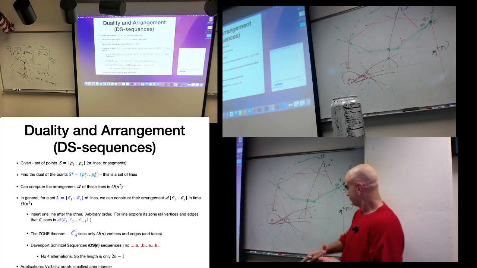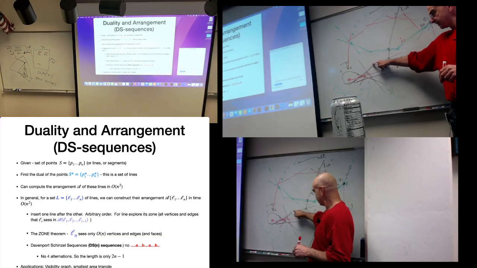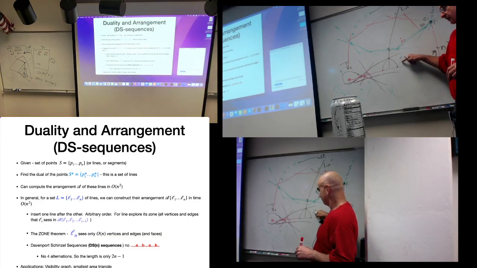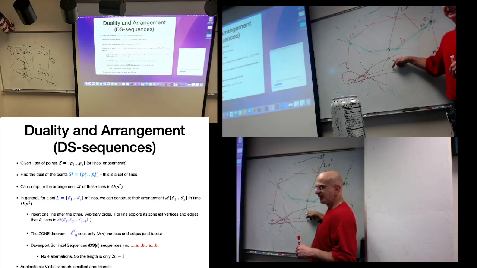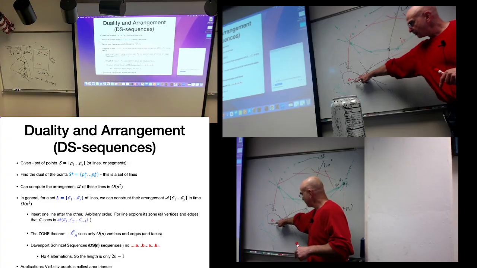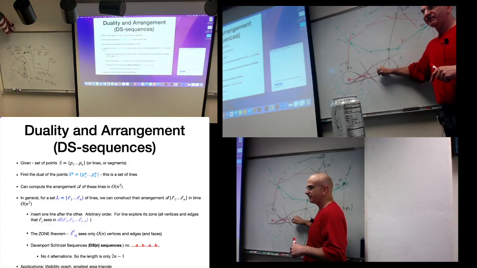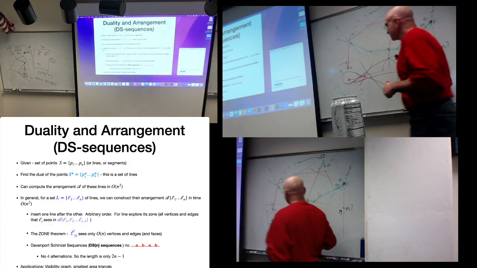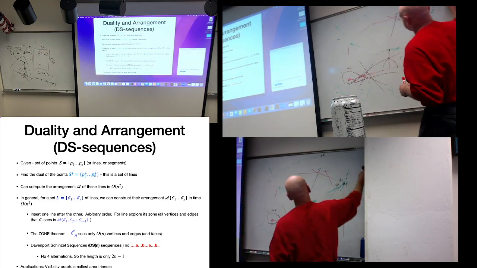Why? Because when we write down the lines that are seen by the red line, again, I write down all the lines that the red line sees in the order that they appeared along the faces.